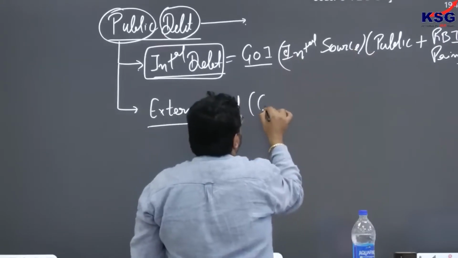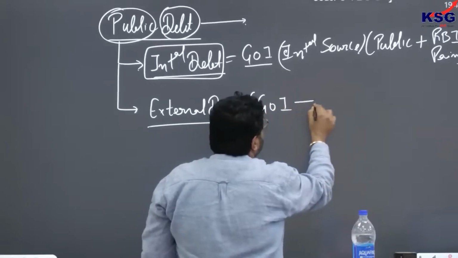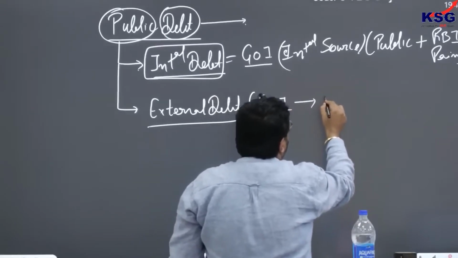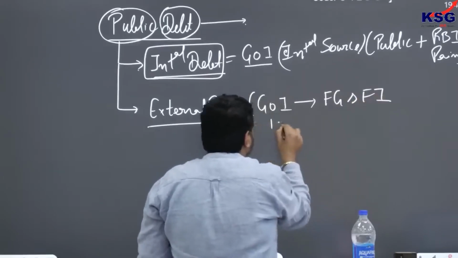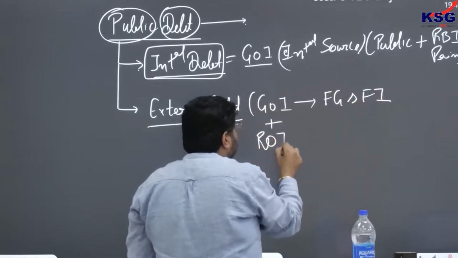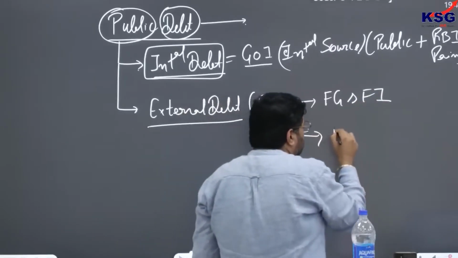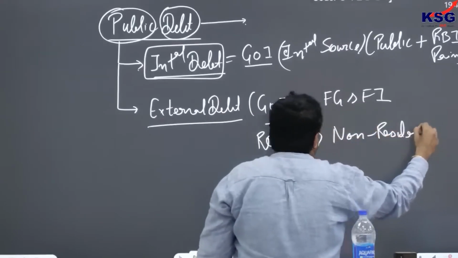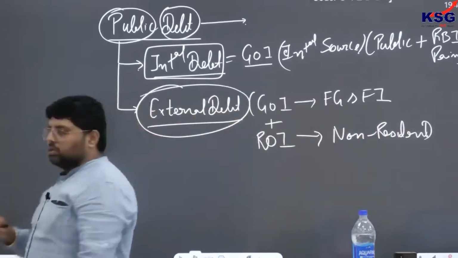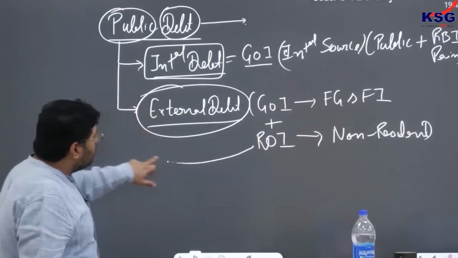External source here means the Government of India has taken money from foreign governments and foreign institutions, as well as residents of India, people like you and me, who have taken money from non-residents. So we maintain that record also in external debt. Now here you are maintaining the record of the public also.